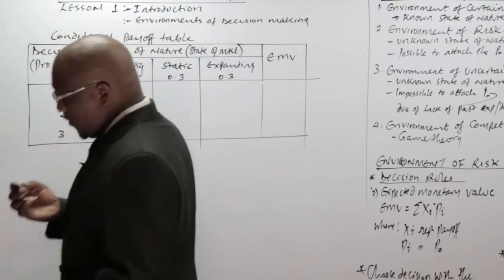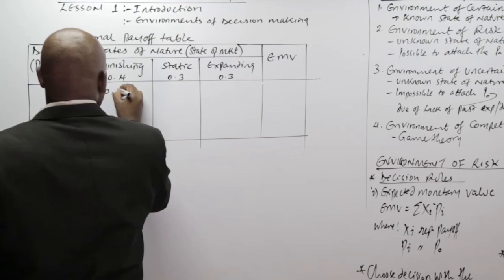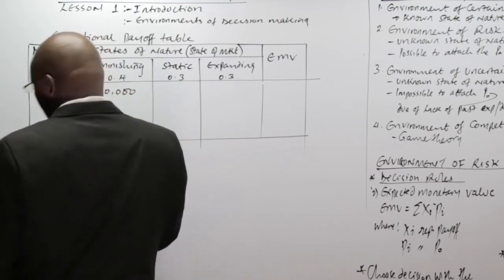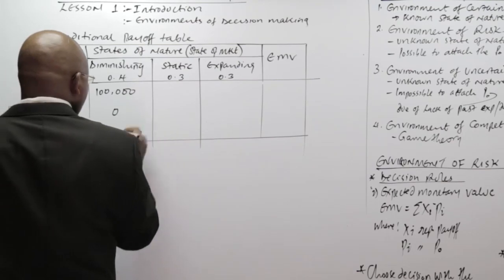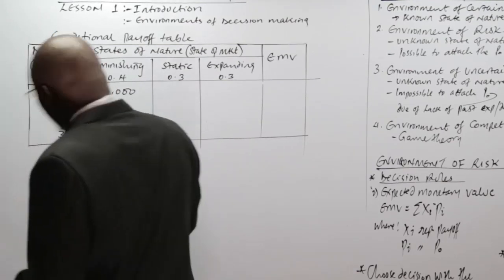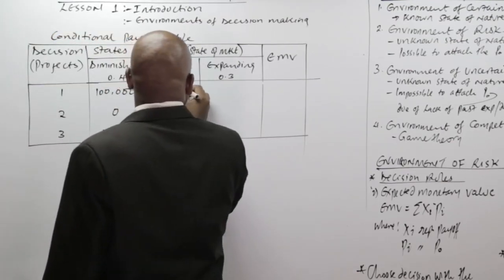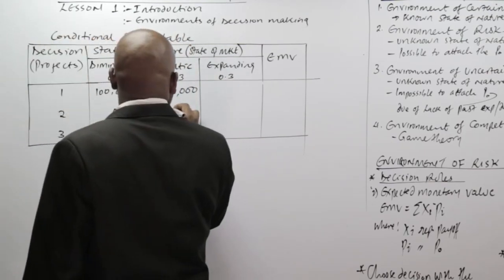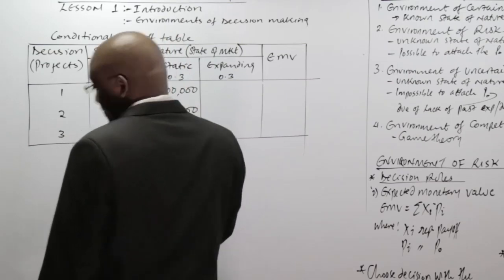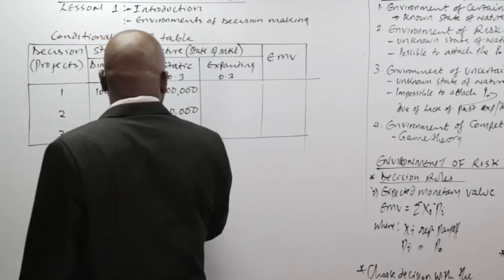So now we have 100,000 here, 0, and 180,000 as per the question. We have 200,000 here for the static, 500,000, and 190,000.